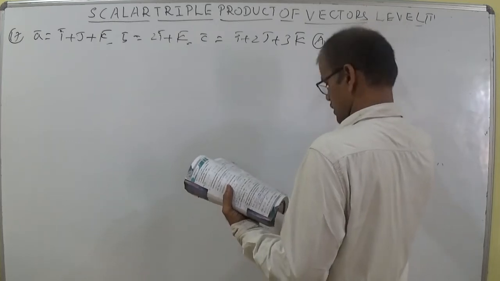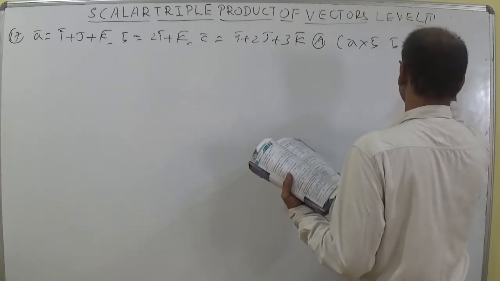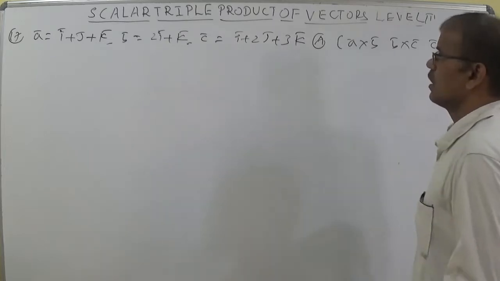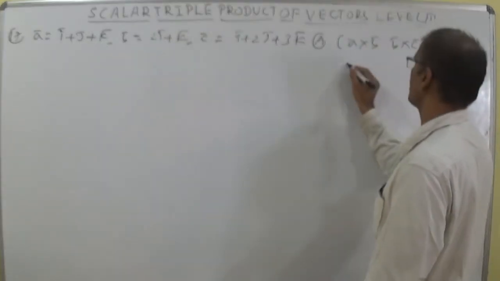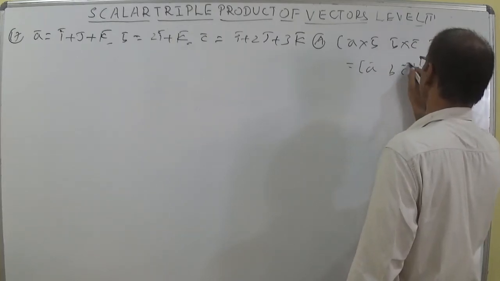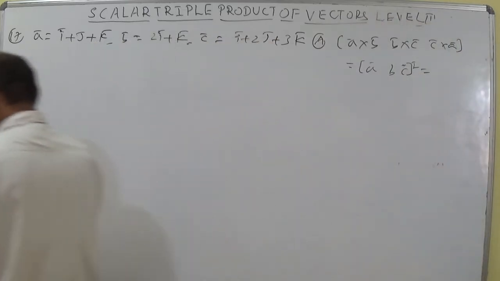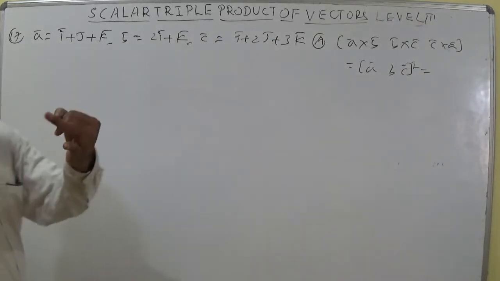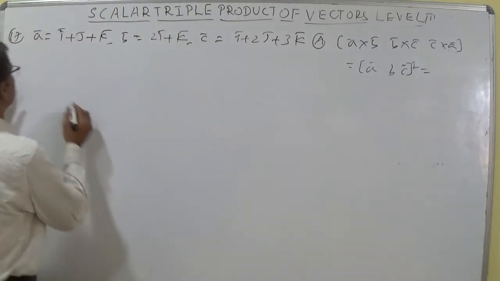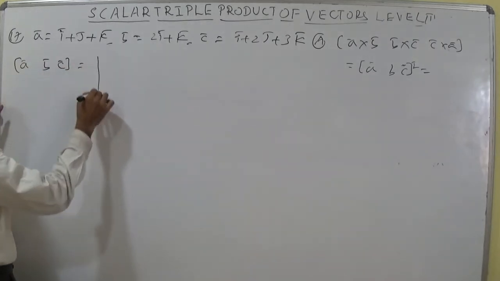You should calculate A cross B here. Box A cross B, B cross A, C cross B, C cross A. I said in the previous class plenty of times that the important formula is box A cross B, B cross C, C cross A is equal to box ABC whole square. We should calculate A, B, C, D in ascending order, meaning small to big, the value we should verify. First of all, we need to calculate the determinant of the given vectors.